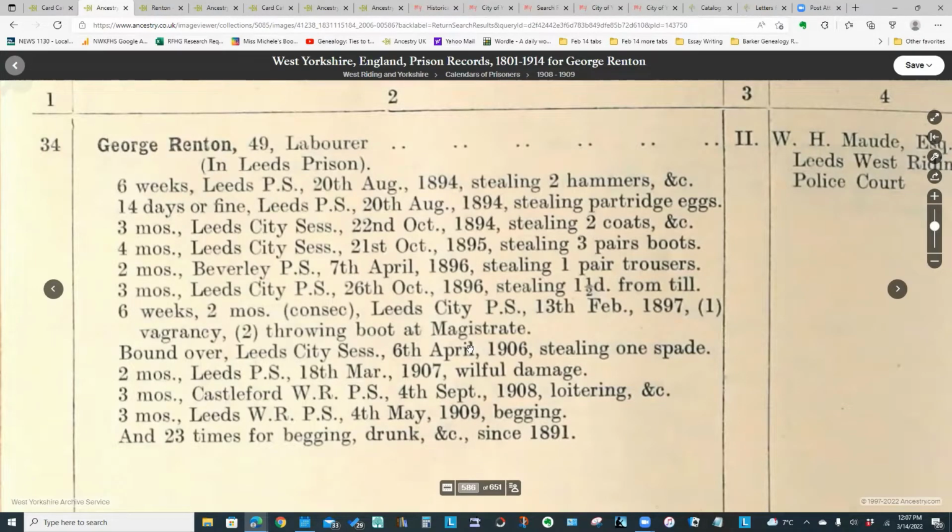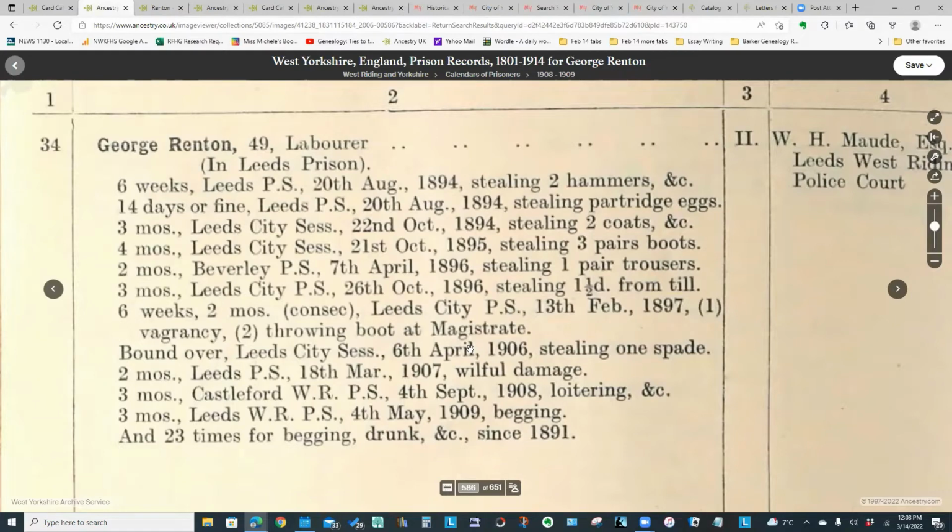I have noticed that a number of my Renton ancestors would make appearances in these records. But the challenge often is there's not enough information given to really identify which George Renton was appearing in these records, or was it multiple George Rentons?